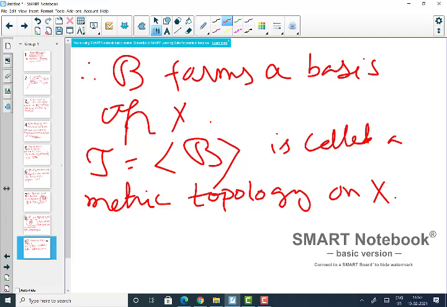So a set is open if for any point belonging to the open set, there exists a basis element containing that point. Okay, that is the meaning of open set. So this kind of topology we call a metric topology, and we say that the topology is induced by a metric. Okay, maybe you can give some examples.